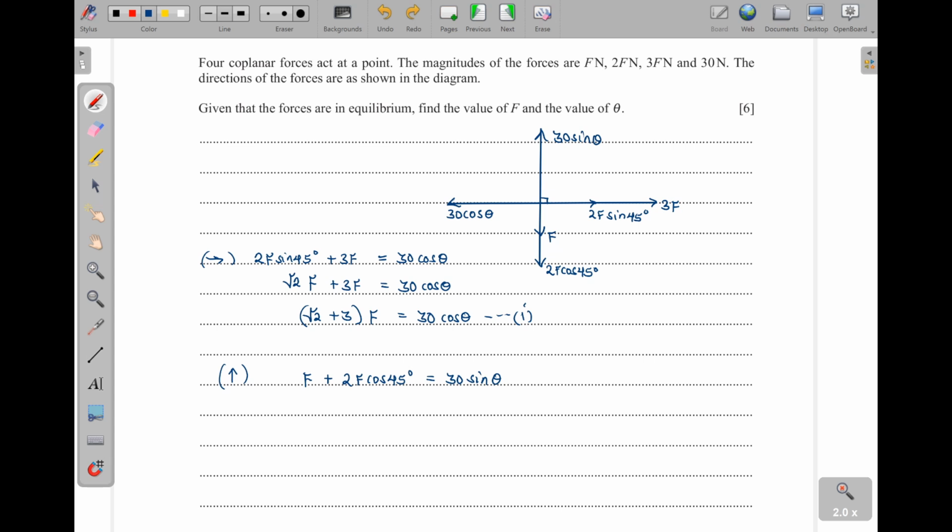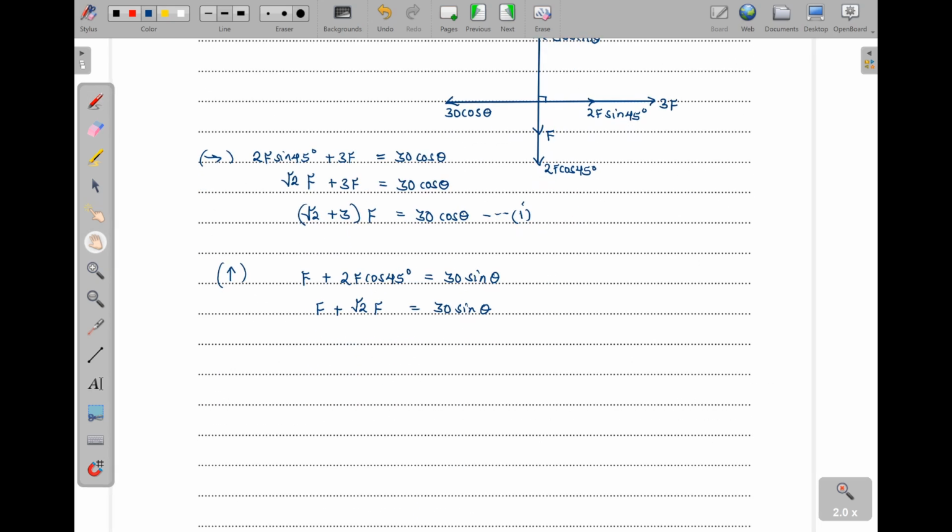And then we shall have F here, then plus root 2 of F, which is equal to 30 sine of theta. Now, again, we shall have F factorized, then 1 plus root 2, which will give us 30 sine of theta. Now, this is my second equation.